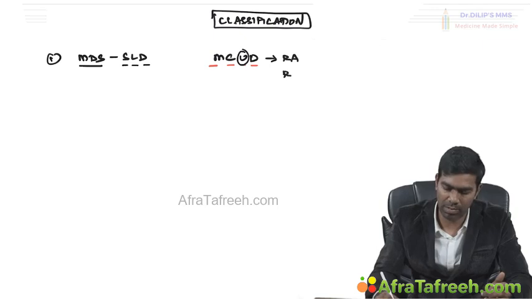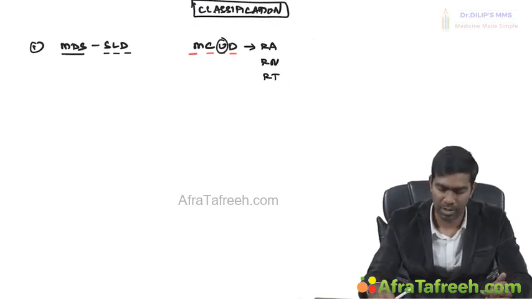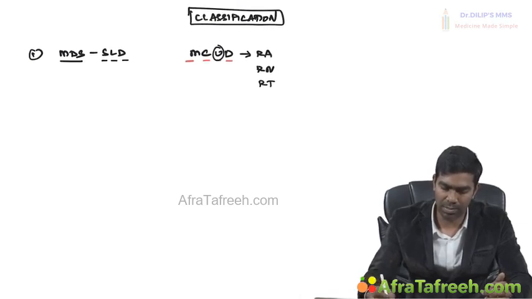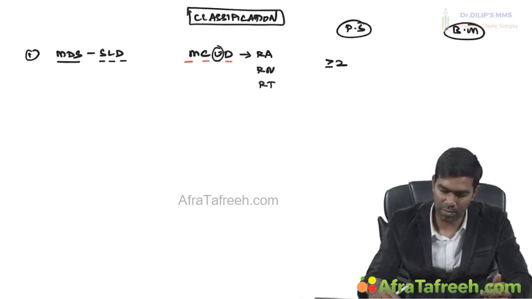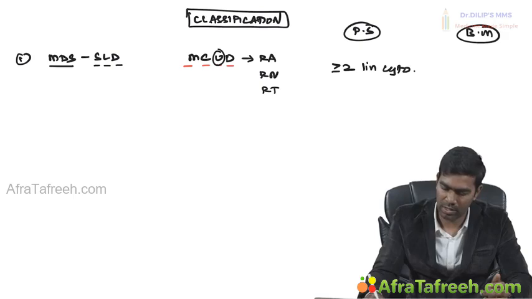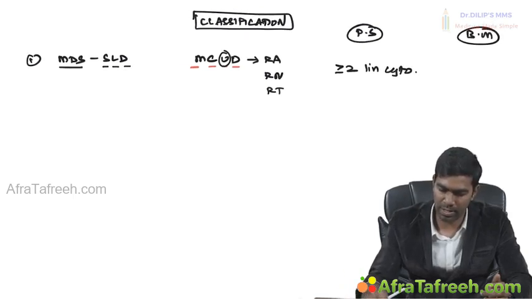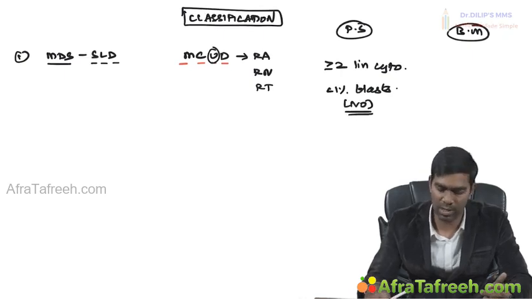So this itself has three different types: refractory anemia, refractory neutropenia, or refractory thrombocytopenia. But what do you see in the peripheral smear? Let us see the peripheral smear findings and the bone marrow findings. In the peripheral smear, you should have at least two lineage cytopenias and at least one lineage dysplasia, and less than 1% blasts, which means typically you can call it no blasts.